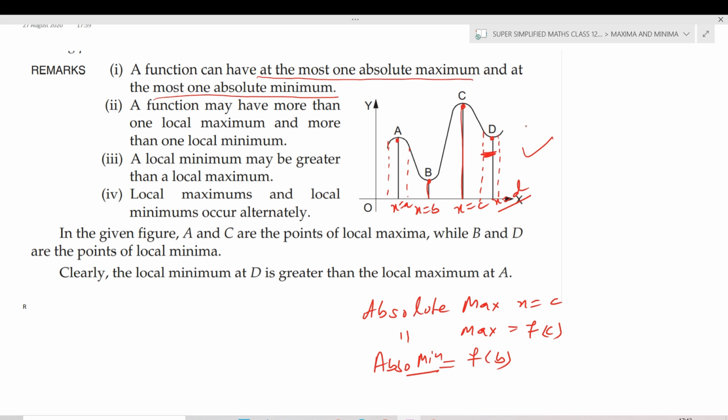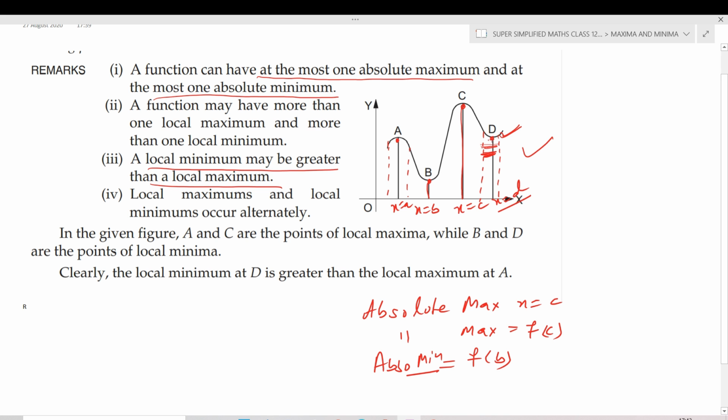So, hence the definition. Now a very important result: a local minimum may be greater than a local maximum. You can see that D is local minima. That means in its neighborhood it is the minimum point. But still D is greater than A. The height of the function at D is more than the height of the function at A. Whereas A is the point of local maxima, D is the point of local minima.